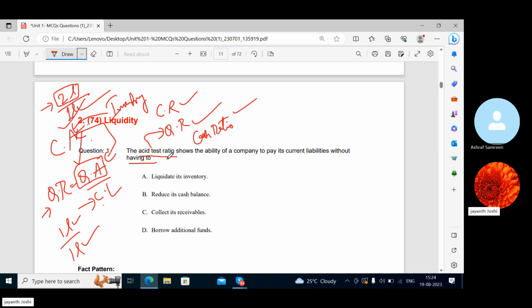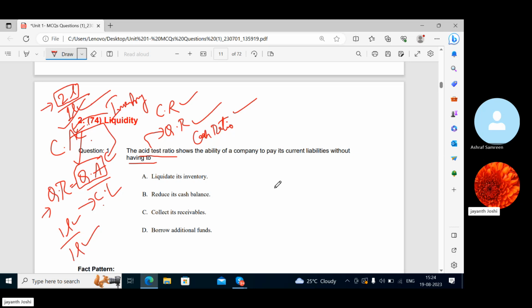Now, after understanding all the knowledge regarding this, can you answer this question? What will be the answer option for this? Collected receivables?